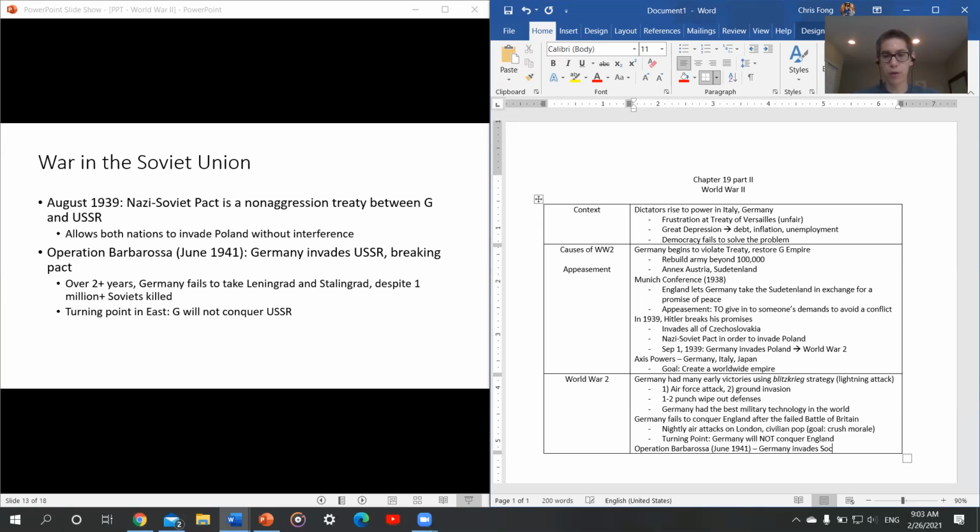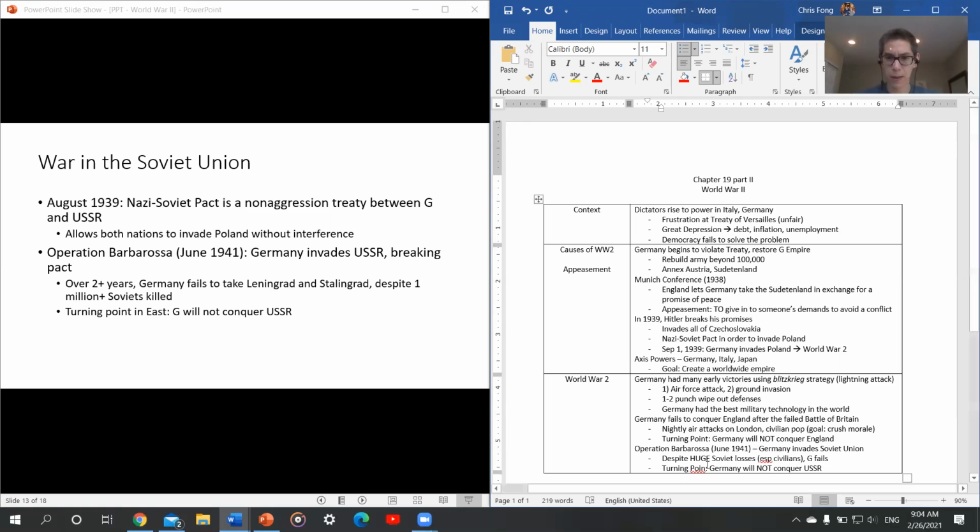Germany invades the Soviet Union, again breaking the Nazi-Soviet pact. And despite huge Soviet losses, especially civilians, the USSR stands firm. Germany fails. So here's that other turning point. Germany will not conquer the USSR.